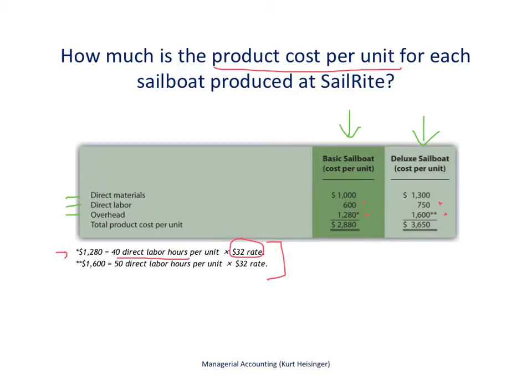So $32 per direct labor hour times 40 hours is $1,280, and that's our overhead cost per unit. So the total product cost per unit for the basic sailboat is right here, $2,880, and the total product cost per unit for the deluxe sailboat is right here, $3,650.